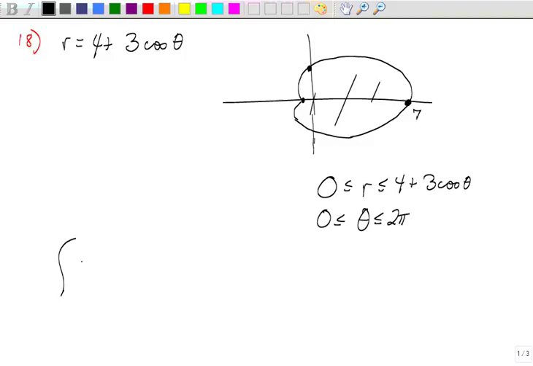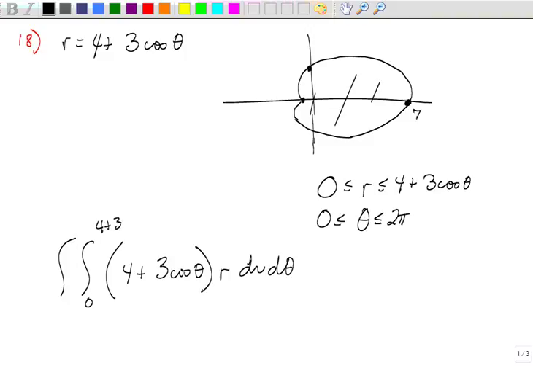So we're going to integrate r from 0 to 4 plus 3 cosine theta. And theta goes from 0 to 2 pi. And don't forget this extra r. Oh, I'm not integrating over the surface. I'm integrating the area.